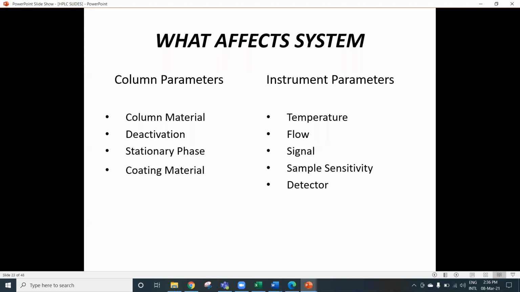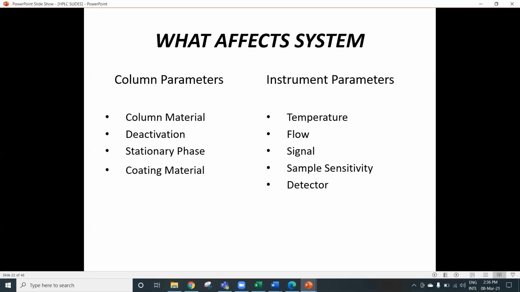Also, your column can be placed in the oven. Temperature does not really have much influence in HPLC, like in your GC where your sample has to be vaporized. In HPLC, your column is housed in an oven so that there will not be differences or fluctuations in the response of your detector.